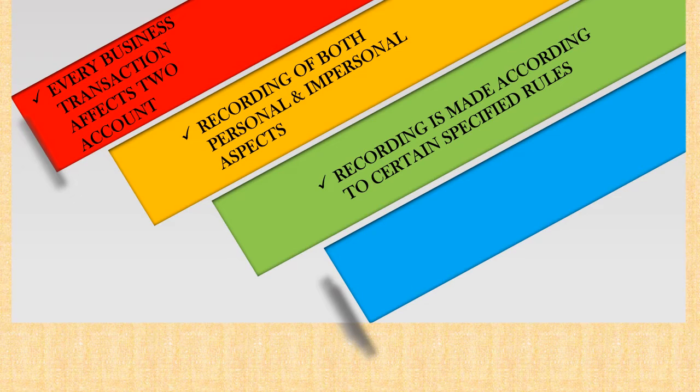These rules also we are going to learn very soon. Preparation of a trial balance you will learn only after you have learned how to record the journal entry and post in the ledger, and then we will be able to learn how to prepare the trial balance.